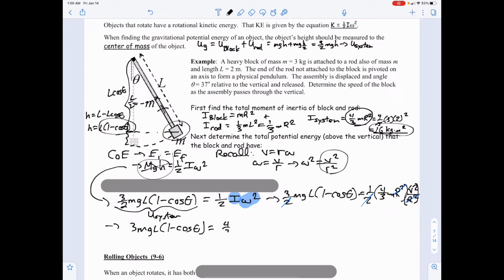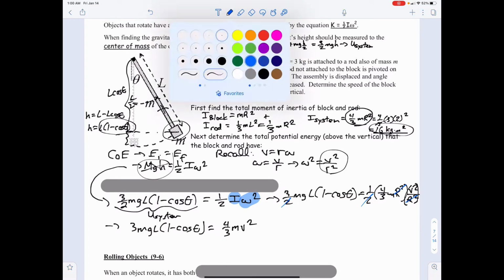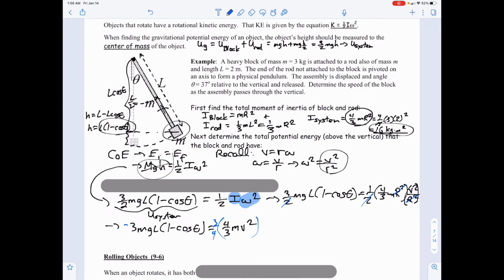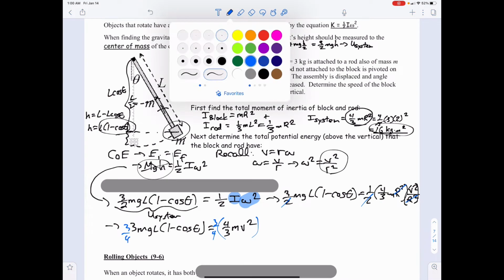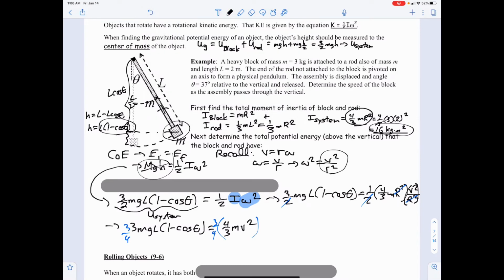equal to 4/3 mv squared, because that's all that's left, mv squared. I'm going to multiply both sides by 3/4, and I'll cancel mass on both sides. And then I can square root. So what I have is v is equal to the square root of 9/4 times gL times the quantity of 1 minus cosine theta.